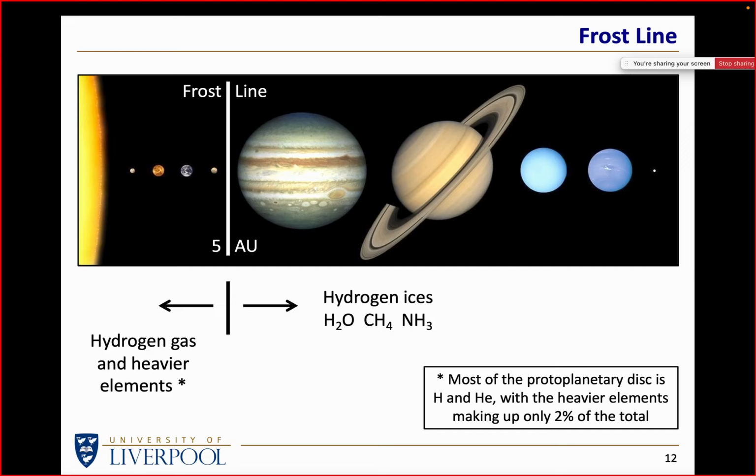hydrogen ices are volatile and hence only exist as gas when you're closer than about 5 AU. When you're inside the frost line, you basically have a lot of gas. When you're outside the frost line, roughly speaking from Jupiter onwards, then these hydrogen ices do exist as solids. Water ice, methane, ammonia all exist as solids rather than vapor phase as they would in the left-hand side there.